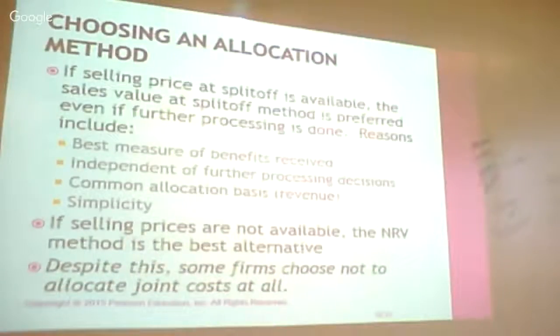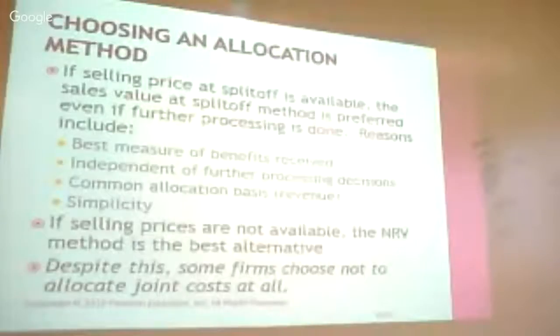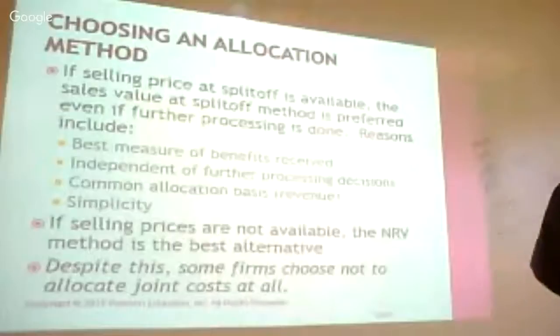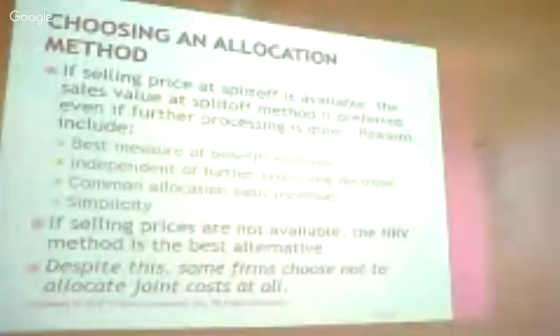All right, so how do we choose an allocation method? If selling price at split off is available, the sales value at split off method is preferred even if further processing is done. Why do we want to do that? Best measure of benefits received, independent of further processing decisions, and common allocation base and simplicity. It's the easiest one to do, right?